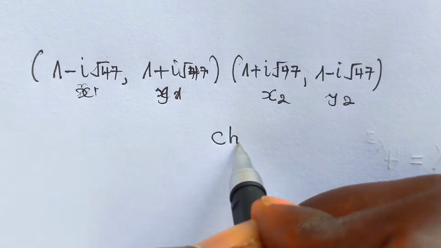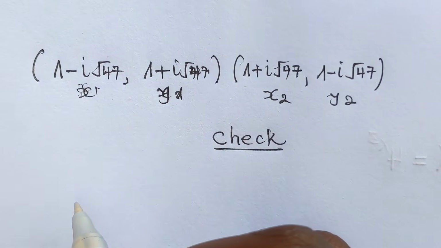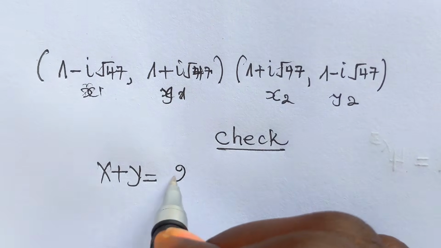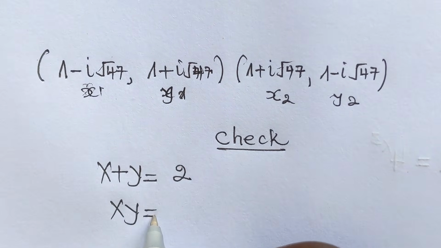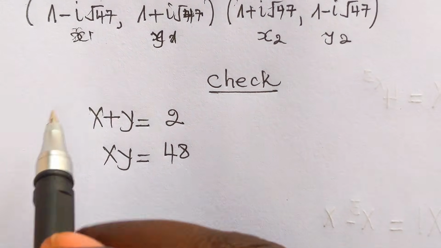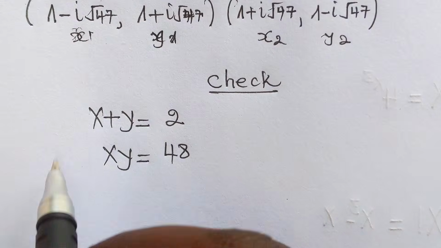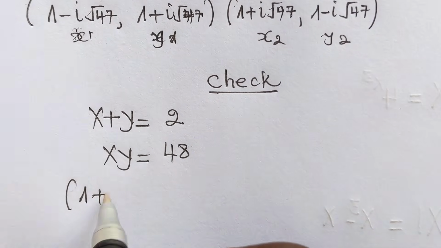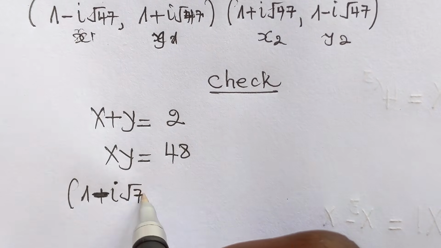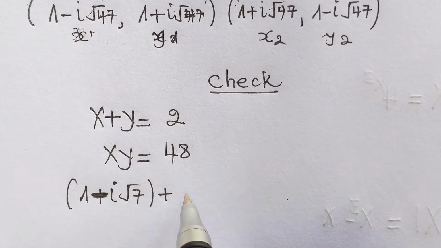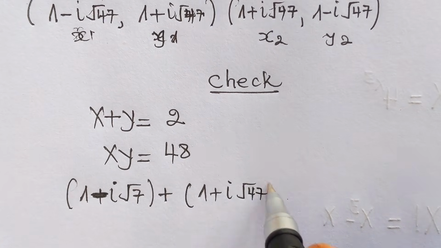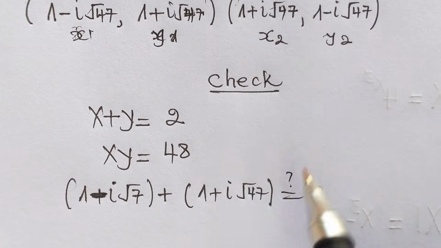And of course we have to check if our answer is correct, because we are given x plus y equals 2, xy equals 48. Then we have x1, which is this one: 1 minus i square root of 47 plus 1 plus i square root of 47 equals 2?